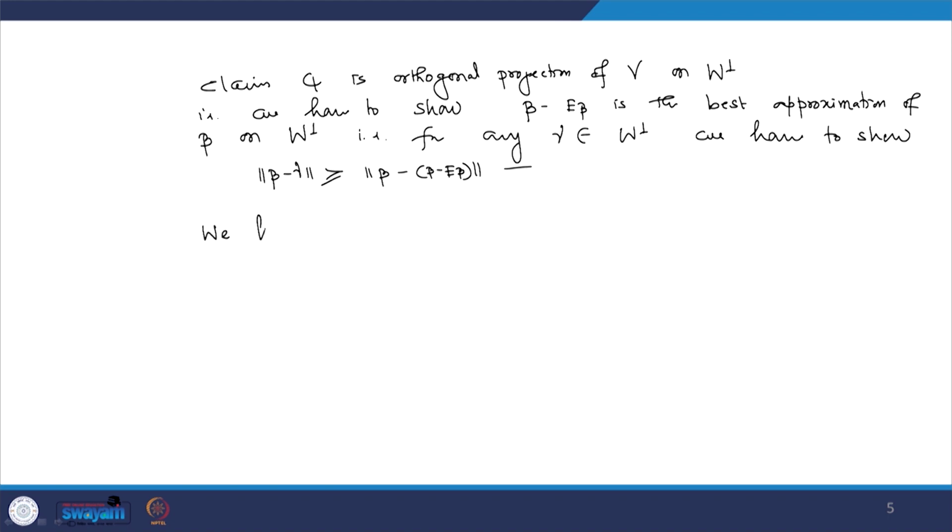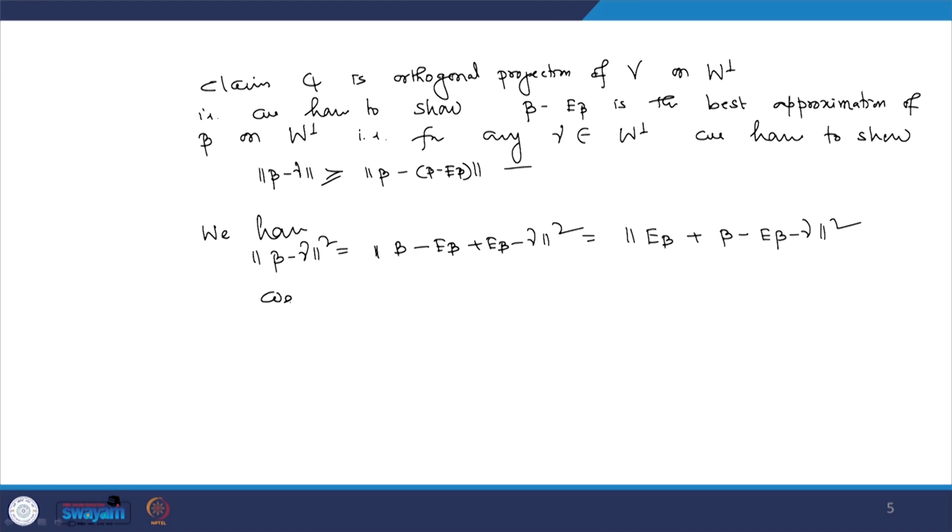We have norm of beta minus gamma whole square equal to norm of beta minus E beta plus E beta minus gamma whole square. So, this is equal to E beta plus beta minus E beta minus gamma, this whole square.